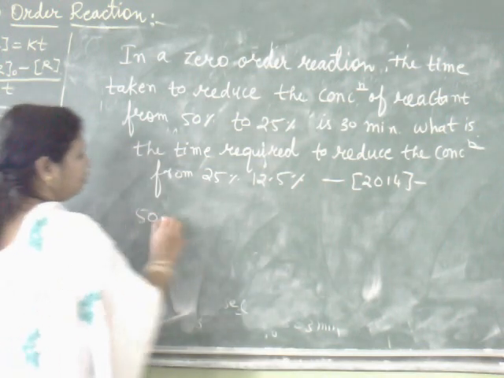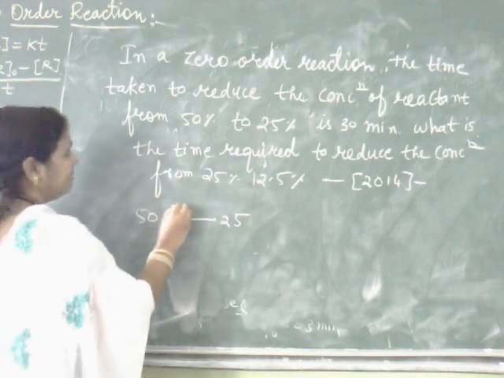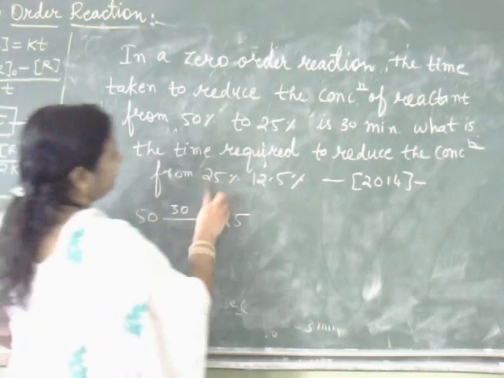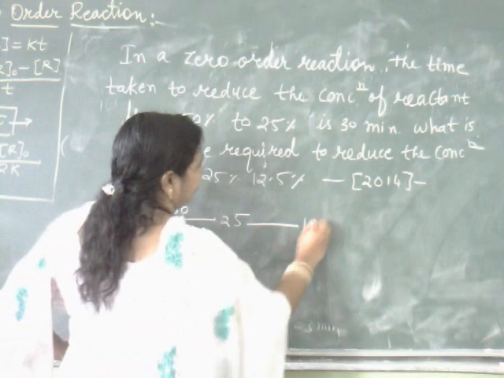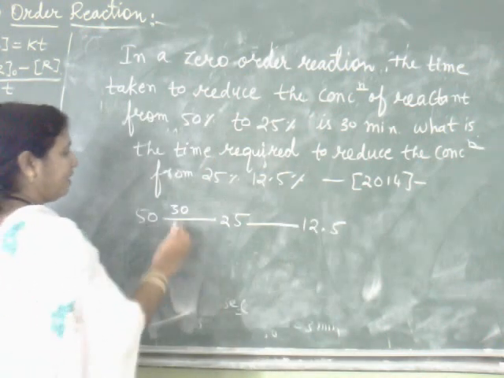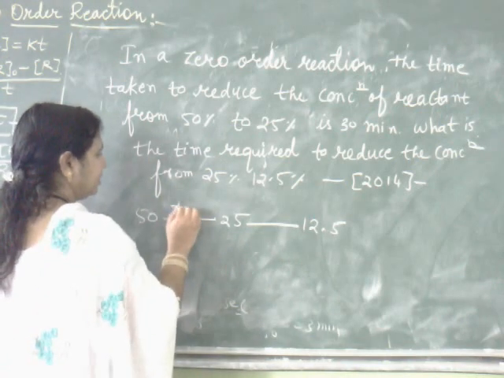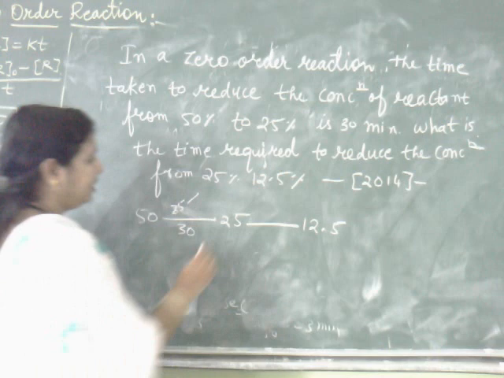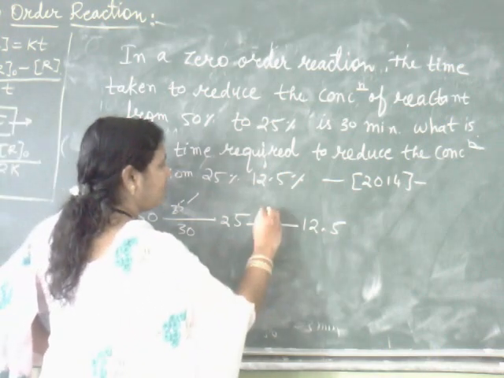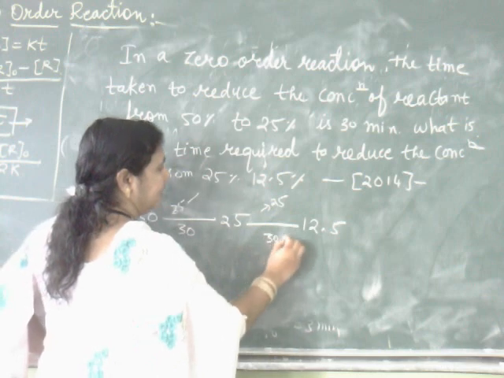So 50 to 25%, the time is 30 minutes. 25 to 12.5%, how much will it be? From 50 to 25 it has dropped 25. So from 25 it should again drop 25 in 30 minutes, and then you would get 0.